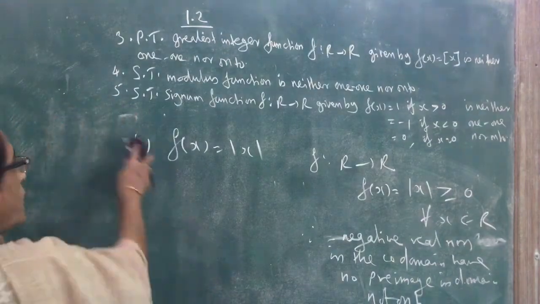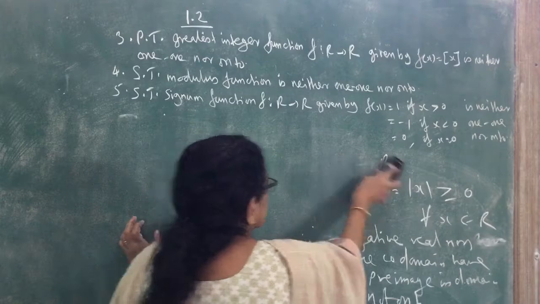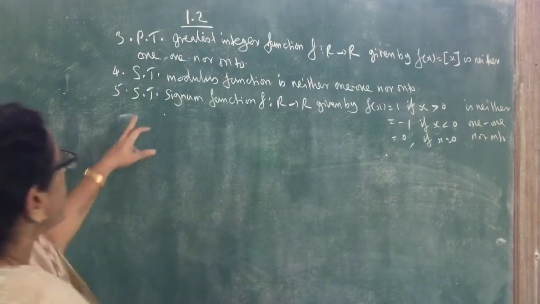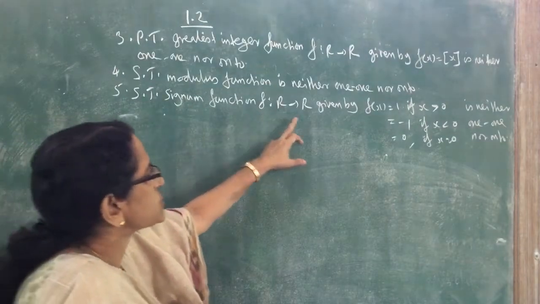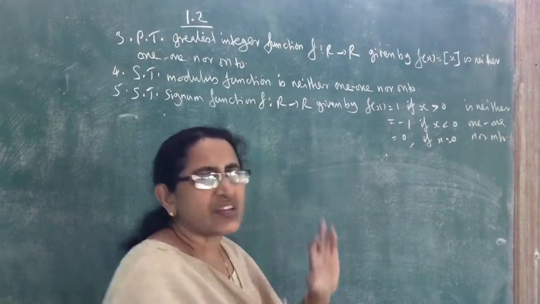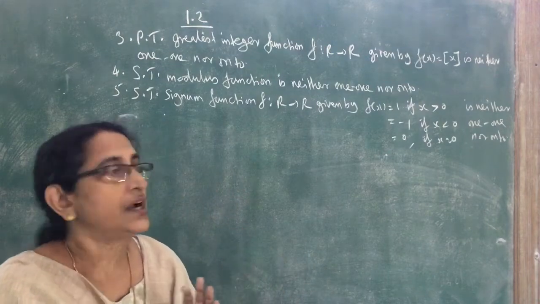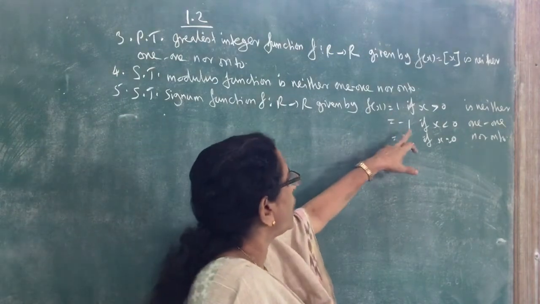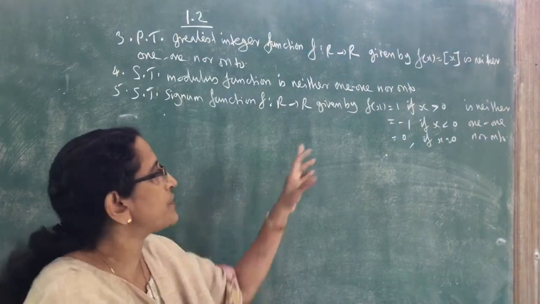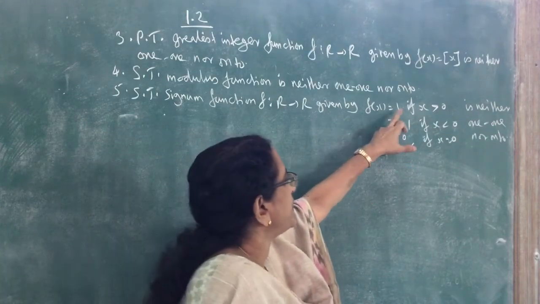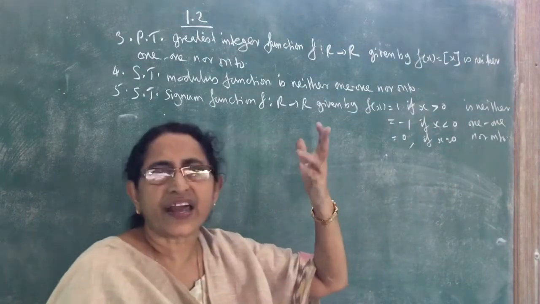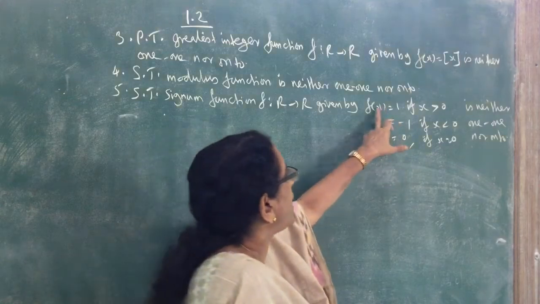Now see the fifth one, the signum function. f from R to R is given by f of x equal to 1, x greater than 0. The value of the function f of x is either 1, negative 1, or 0; there are only three values. Whenever x is greater than 0, the value of the function is 1.